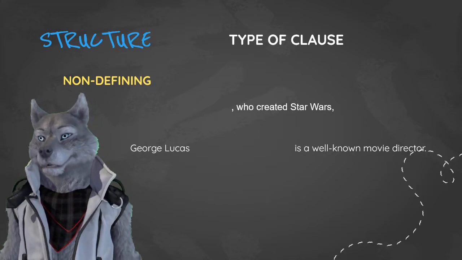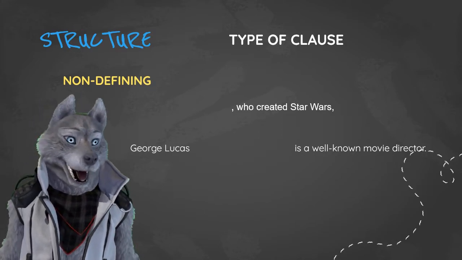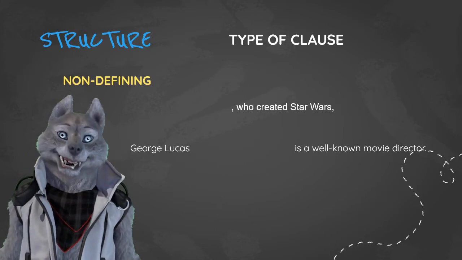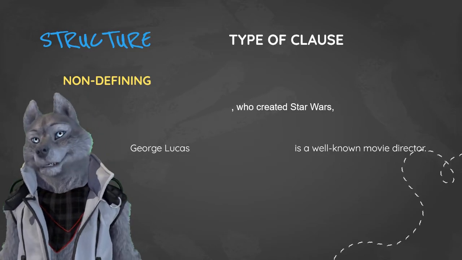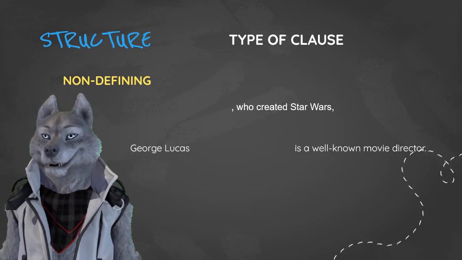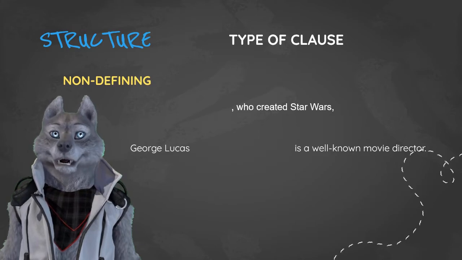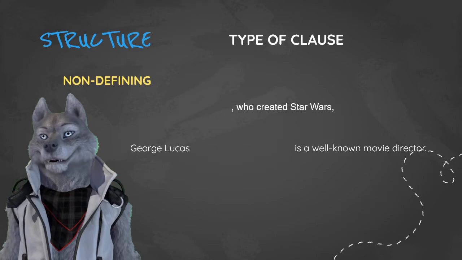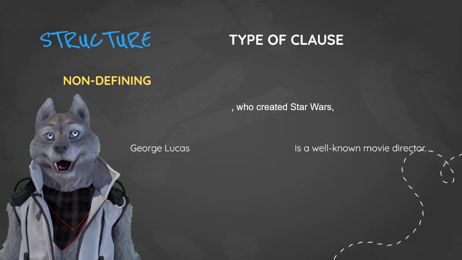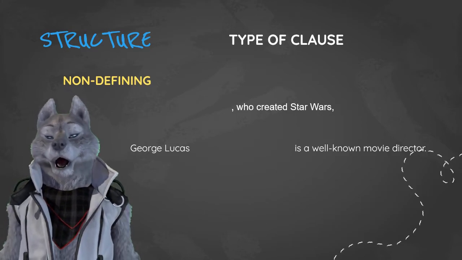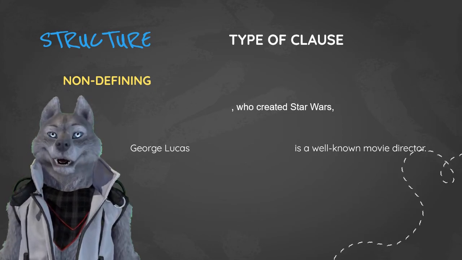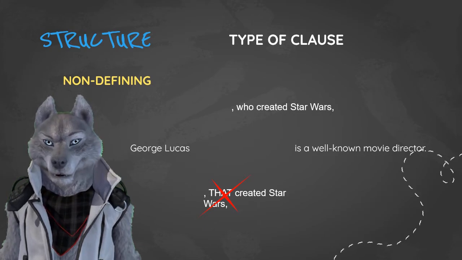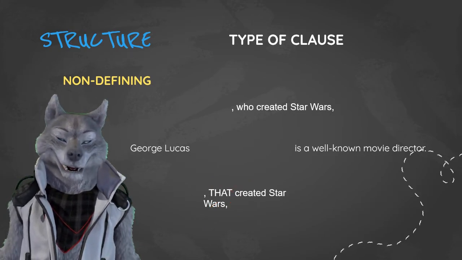I can say George Lucas is a well-known movie director, and it's a sentence. It's not affected if I remove this. I'm just using the relative clause to include information. In this case, as we don't necessarily need it, we use two commas. So whenever you see a relative clause between two commas, yep, it's non-defining. On a final note, when we are using non-defining clauses, this is not possible. We're not going to use that in these cases.